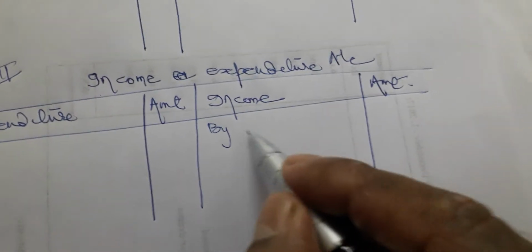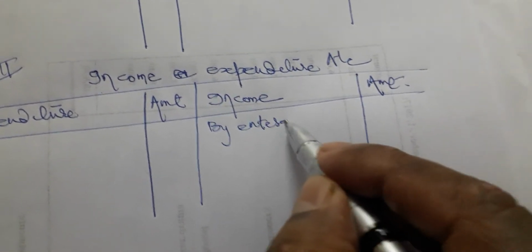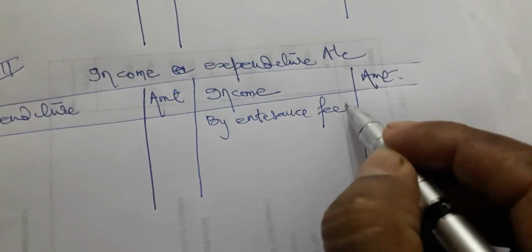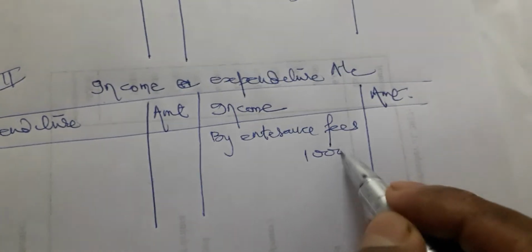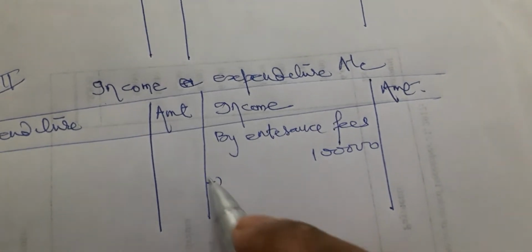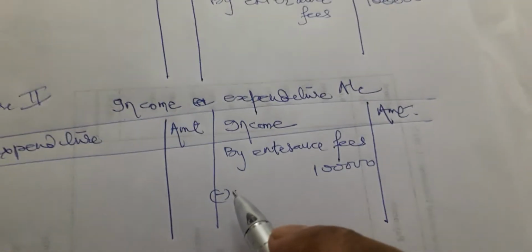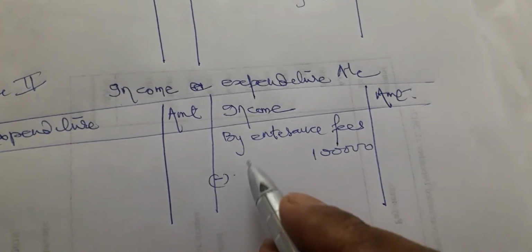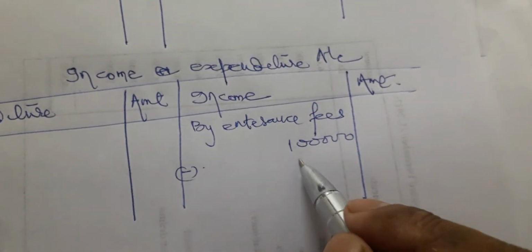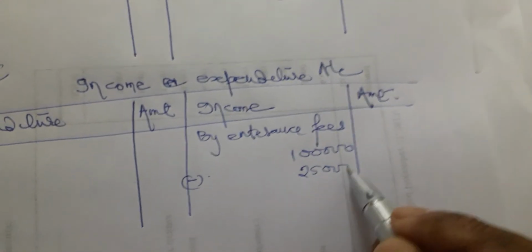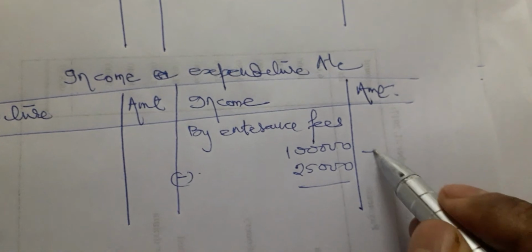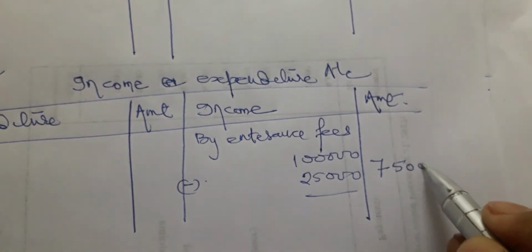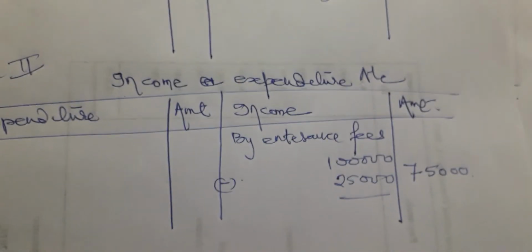By entrance fees, amount received is 1 lakh, out of which rupees 25,000 are received from those members whose membership is not approved. So minus 25,000, the actual amount received by the club is 75,000 rupees.